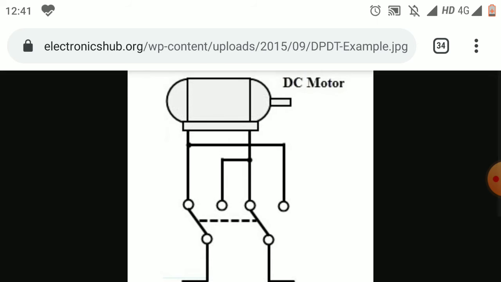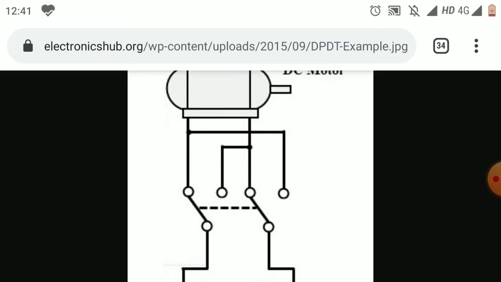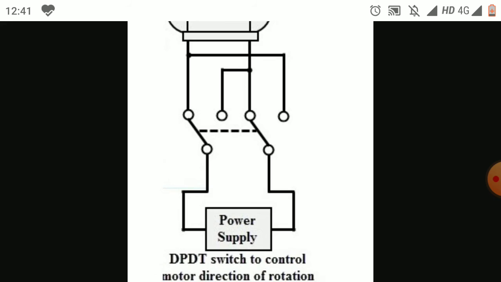That indicates whenever the switch is operated, the two input terminals get connected to two output terminals and the motor rotates in one direction, or clockwise direction. When the throw is operated to the other two terminals, then the direction of rotation of the motor can be reversed.